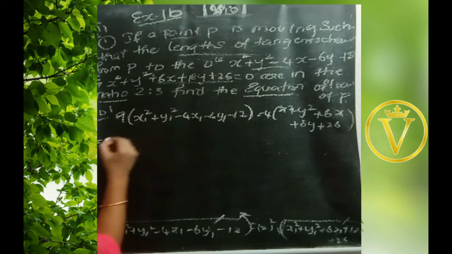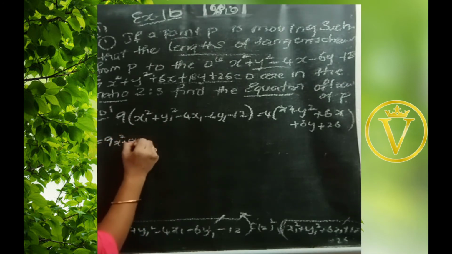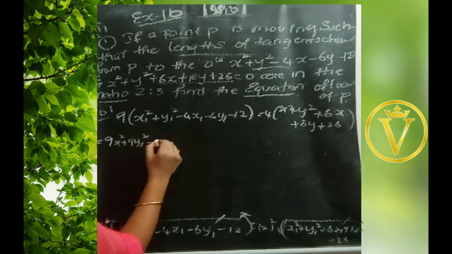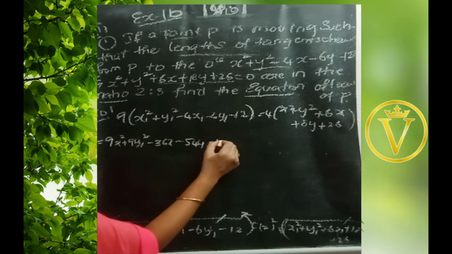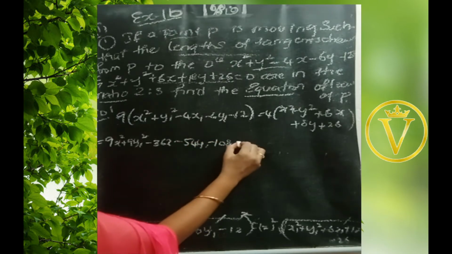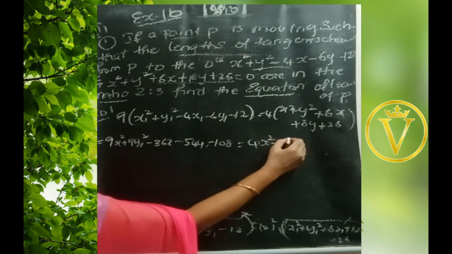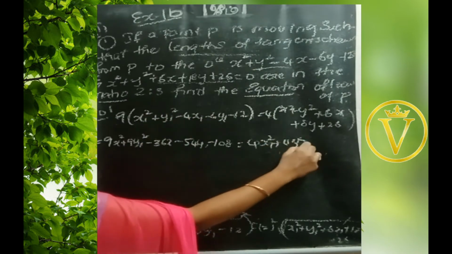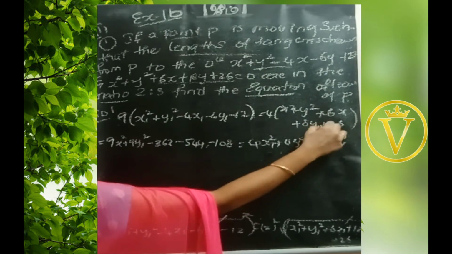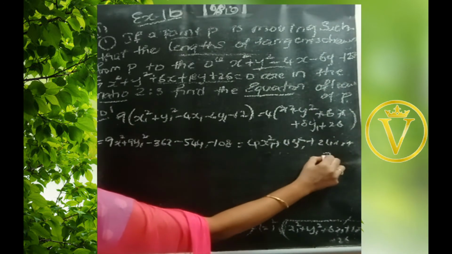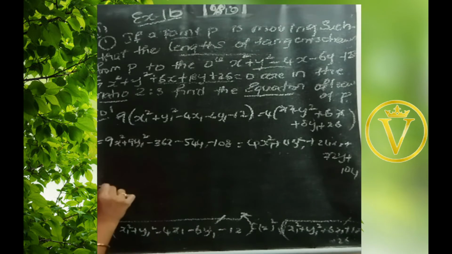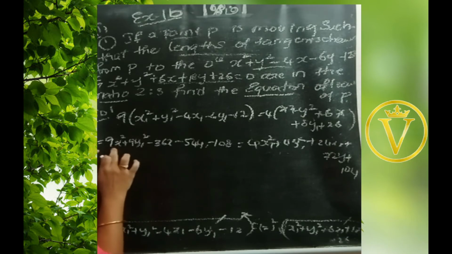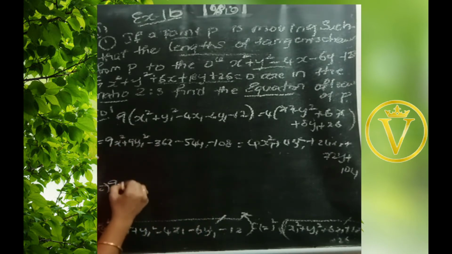Then multiply every term with 9. 9x square plus 9y1 square minus 36x minus 54y1 minus 108 equals 4x square plus 4y square plus 24x plus 72y plus 104. Now by solving this total, you will get, see here, 9x square, take all the terms to this side.